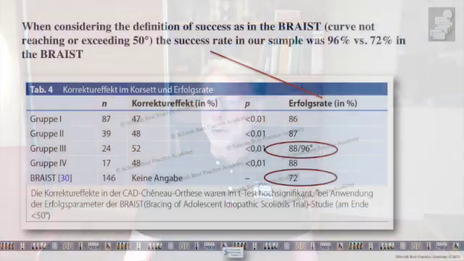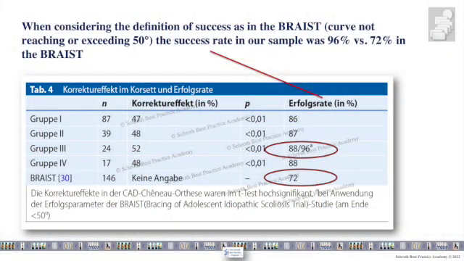If one applies the success criteria of the brace study, that the curvature does not reach or exceed 50 degrees, then the Gensingen brace has a success rate of 96% compared to the 72% from the brace study.